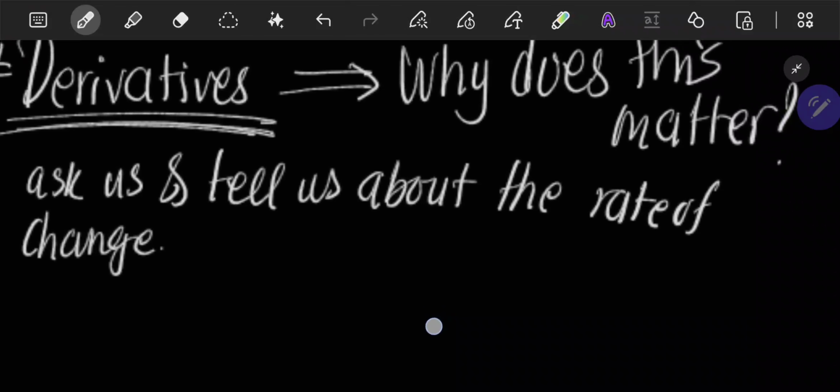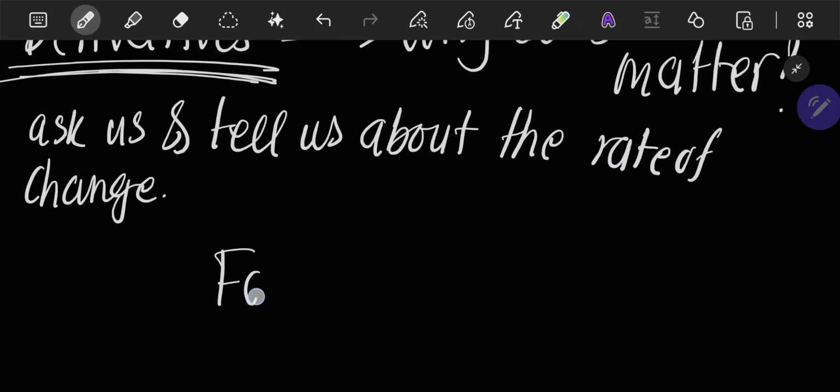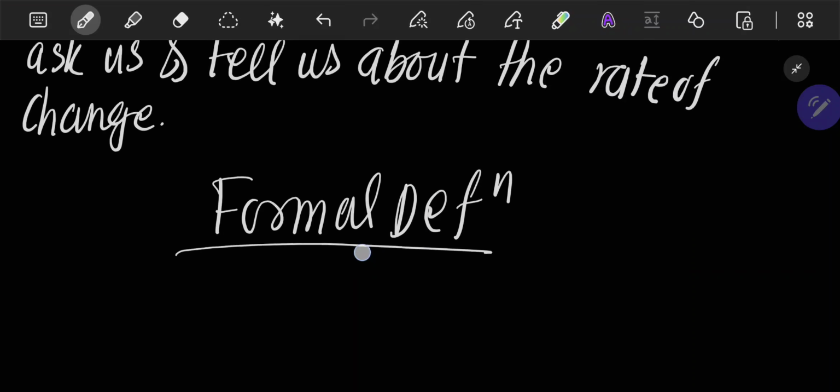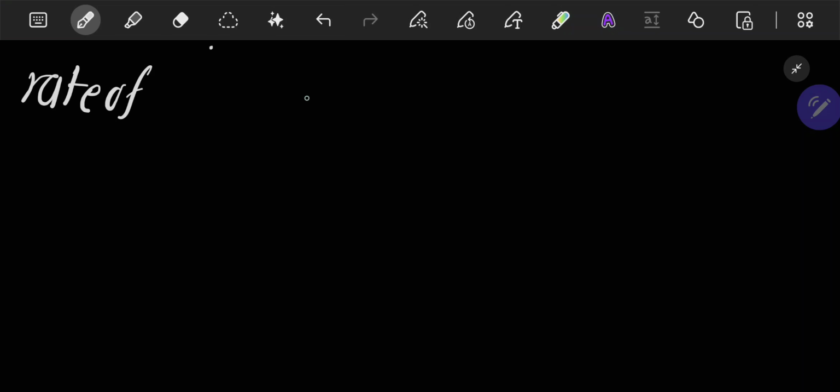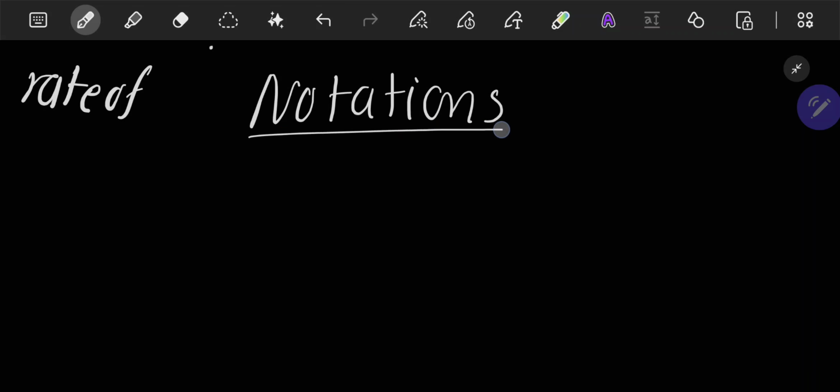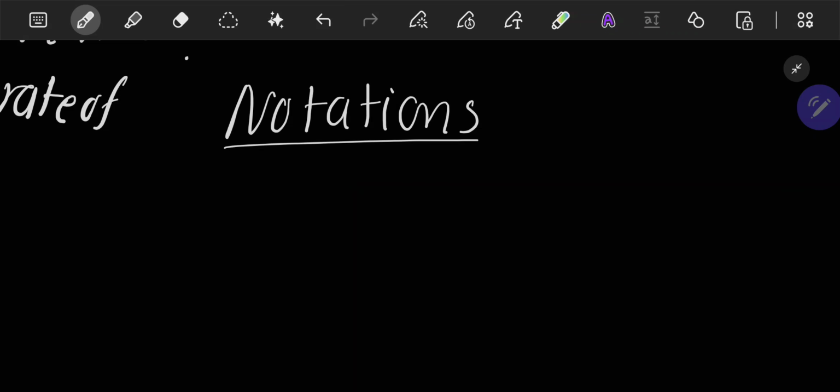Now, moving forward, we have to talk about the formal definition of a derivative. Before we talk about this, I'd like to introduce you to the notations that we use in calculus. In differential calculus, we use specific notations for derivatives, and one of those notations is f dash of x, which is also read as f prime of x.